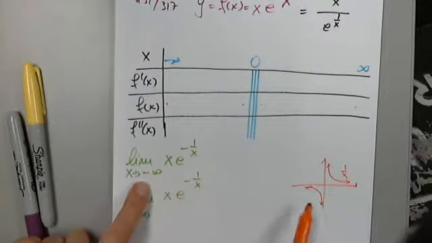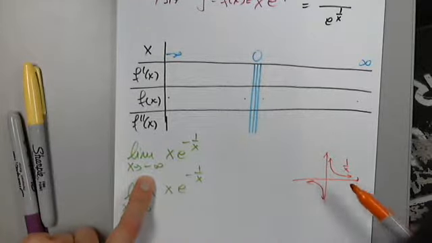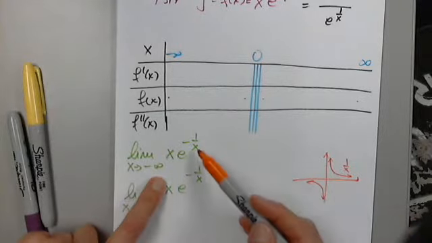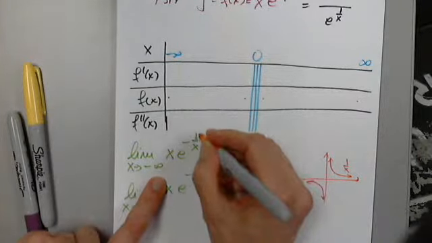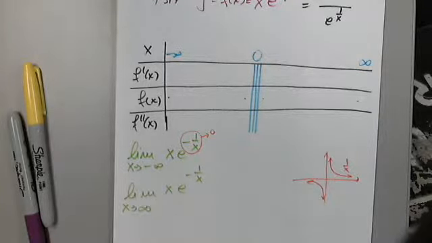As x approaches negative infinity, 1 over x or negative 1 over x, it doesn't matter, approaches 0.